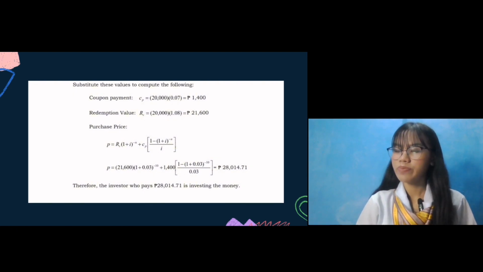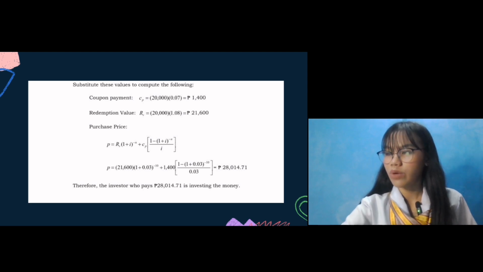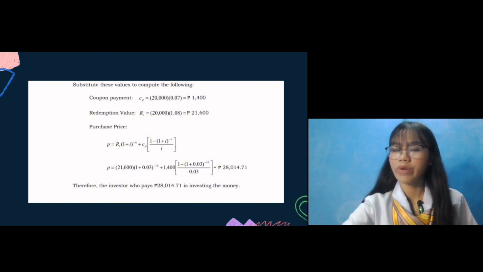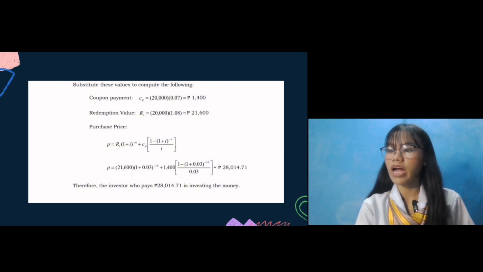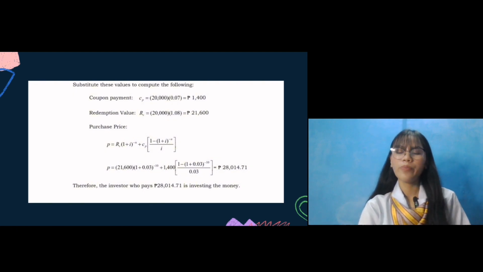Now, in order to find our purchase price, this is the formula that we need: R times the quantity 1 plus I raised to negative n, plus C times the quantity 1 minus the quantity 1 plus I raised to negative n, all over I. So we need to substitute all of this.